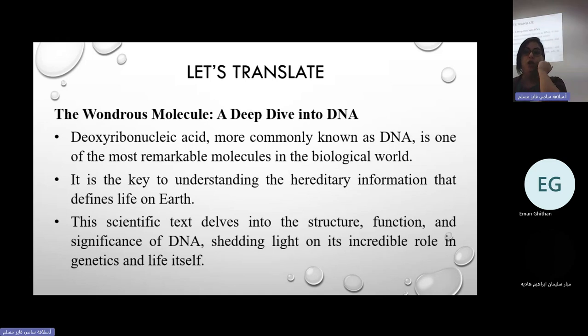Very good. So you can either write deoxyribonucleic acid in Arabic using Arabization, Arabic letters to pronounce the word. Okay, so you can say حمض الديوكسيريبونيوكليك.